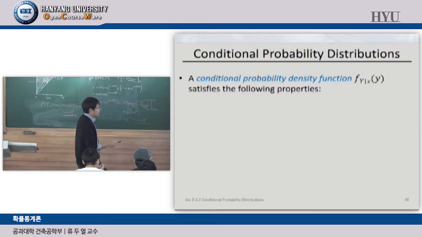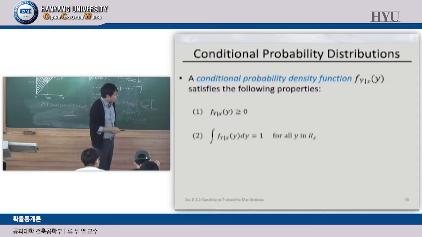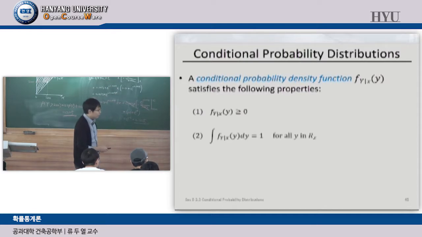And the conditional probability density function of y given x satisfies the following properties. The first one is that this conditional probability density function should be larger than or equal to 0, right? Secondly, if you integrate this conditional probability density function, this should be equal to 1 for all y in the region Rx, including all x, okay? Which means that we are considering all x and all y, okay?